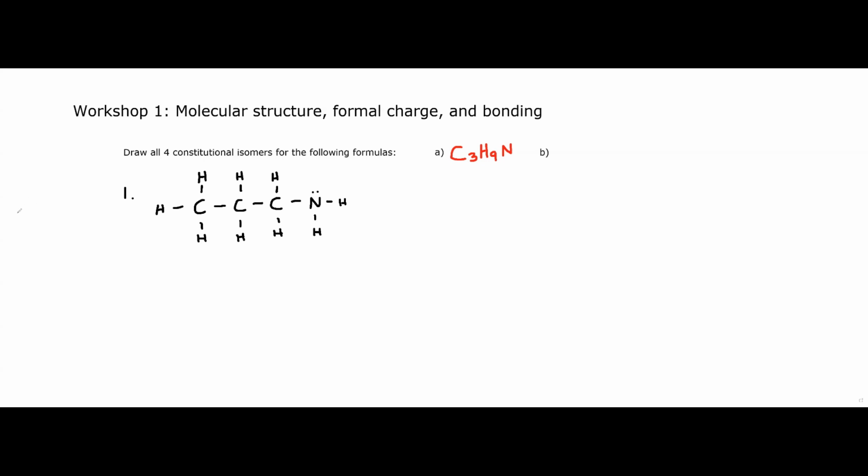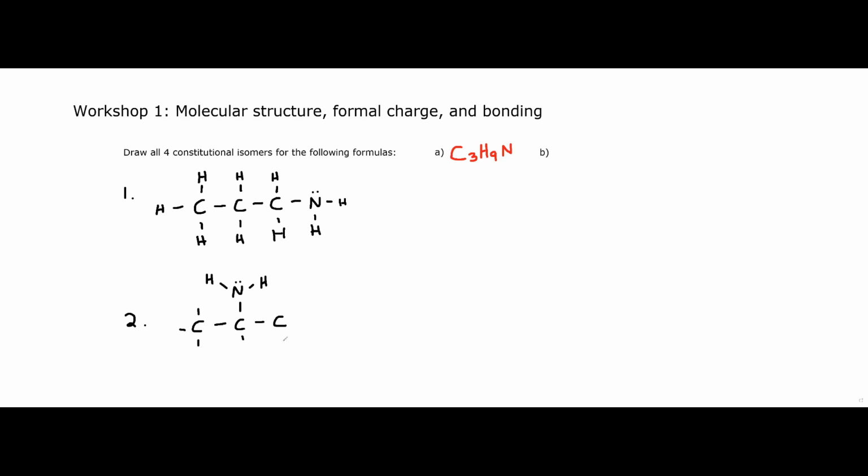So what's another structure we could draw? Let's look at number 2. So we have a 3-carbon chain here. Let's rearrange these in a different way. Let's take this nitrogen, take the amine, and let's put it on a different carbon. Let's take it and we'll put it on the 2nd carbon in the chain. Let's keep the same 3-carbon chain, but let's put that nitrogen out here on the 2nd carbon.